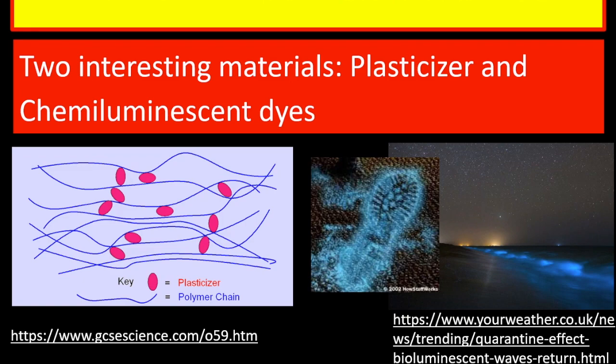The other material I considered was the use of chemiluminescence in material science terms. If you look at the pictures on the right of the polymer picture, especially the one on the far right, that is showing bioluminescence, the natural version of chemiluminescence.